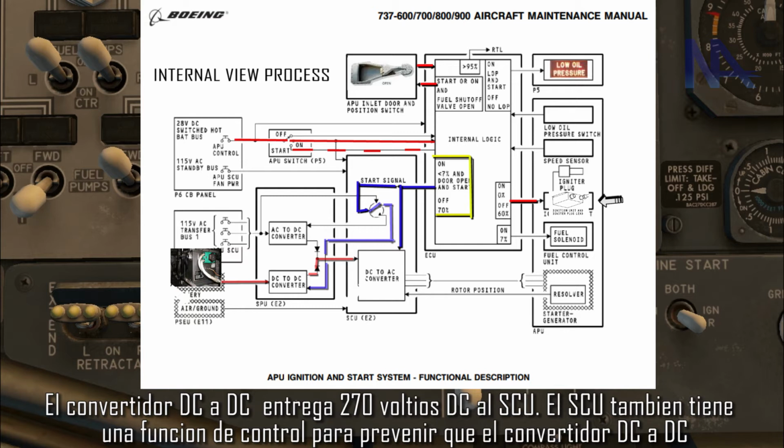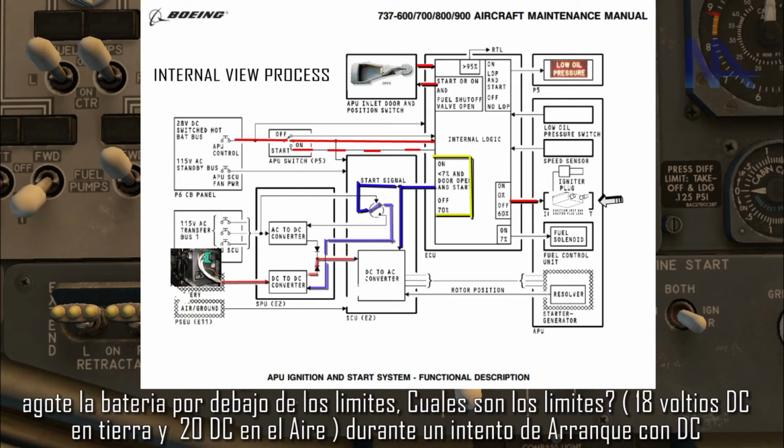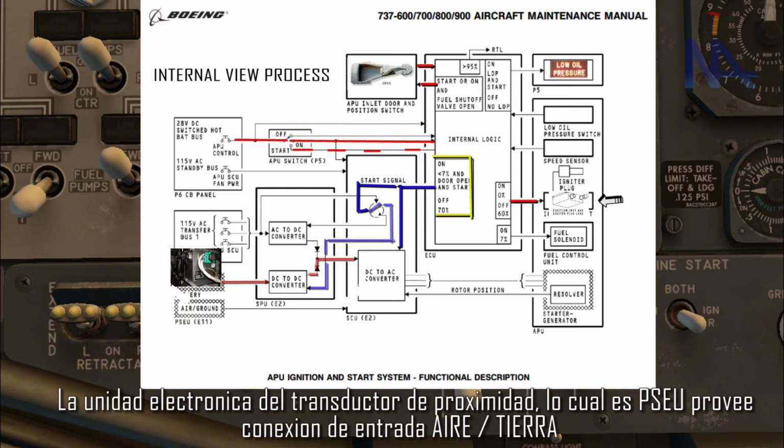The SCU also has a control function to prevent the DC to DC converter from depleting the battery below limits. What are the limits? 8 volts DC on ground, 20 volts DC in air. During a DC start attempt, the proximity switch electronics unit, which is the PSEU, provides the air and ground input.